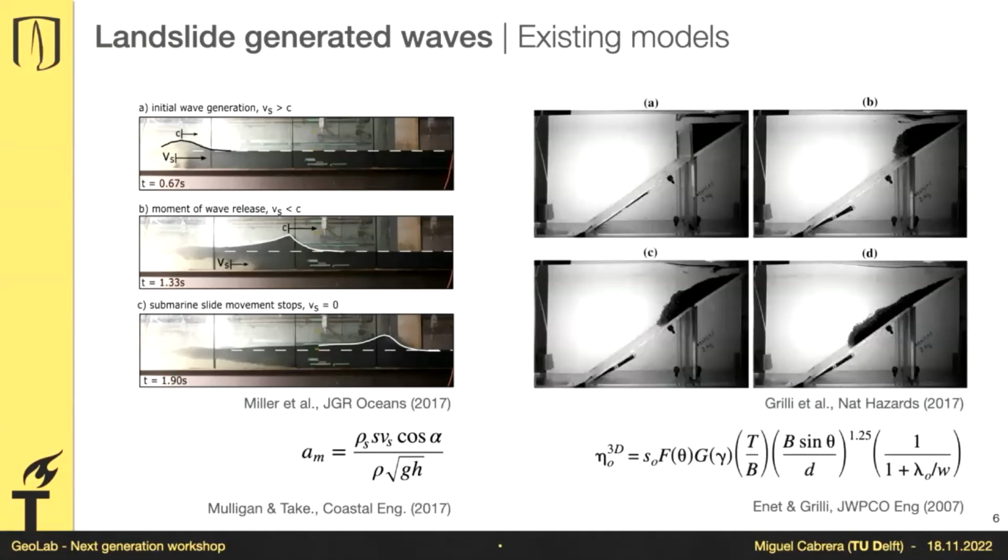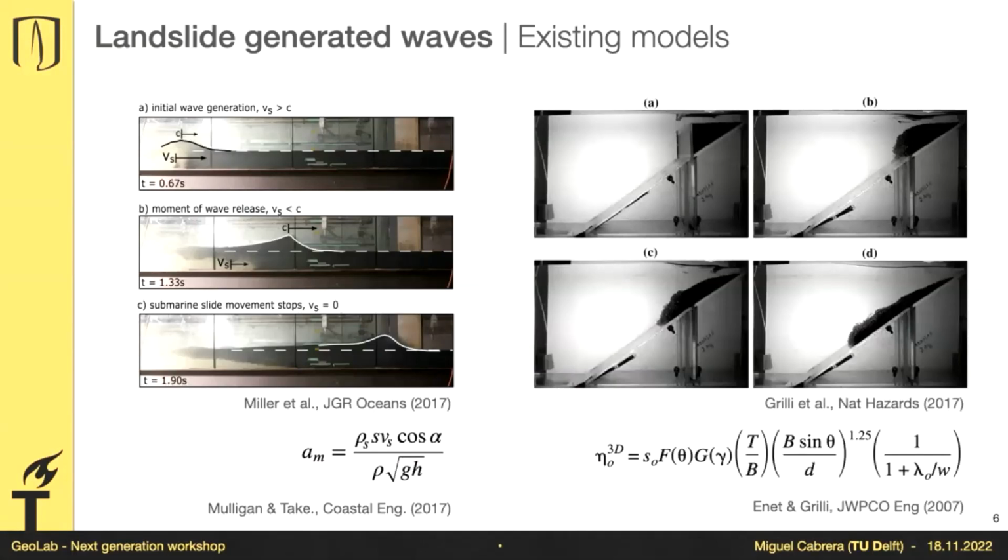So another group, coincidentally in the same year, showed a different type of mechanism in a physical model. In this case, they had a granular wedge that was fully submerged, and I want you to pay attention to panel B on the top right. You see that there is a deformation on the water surface.